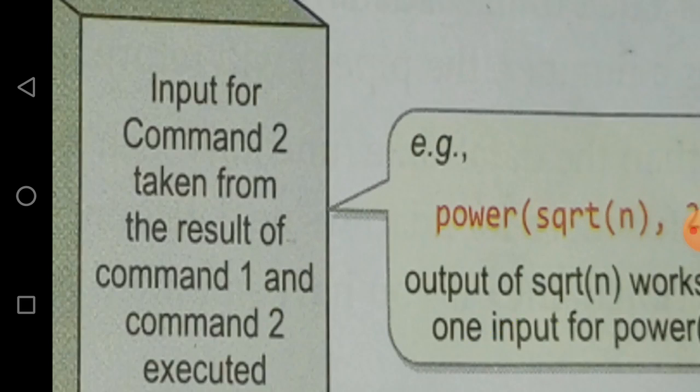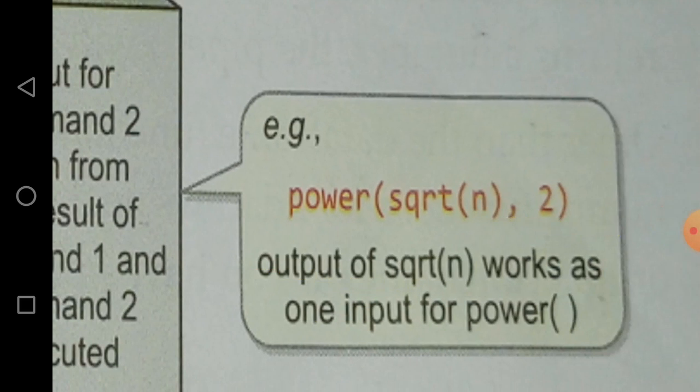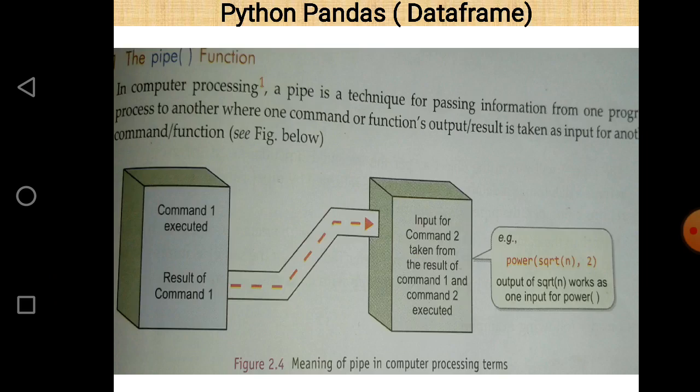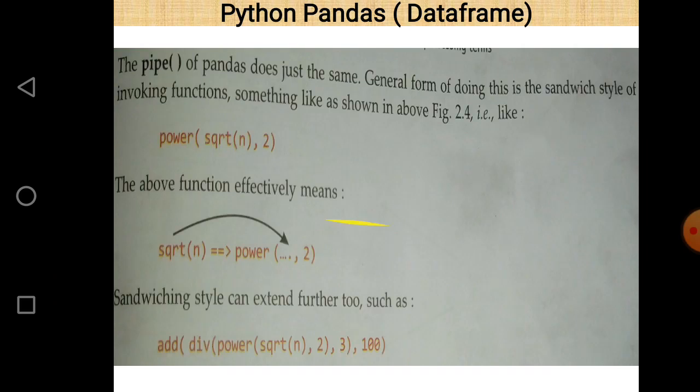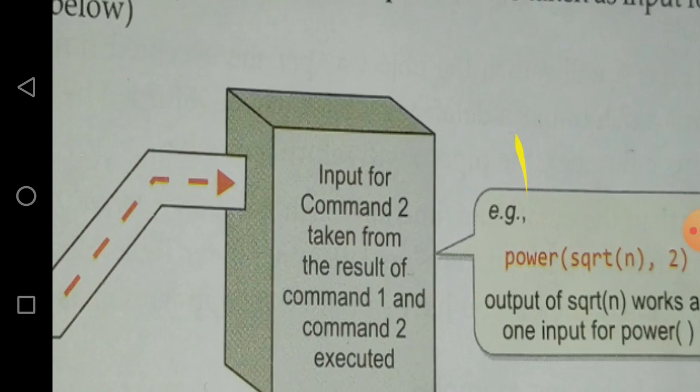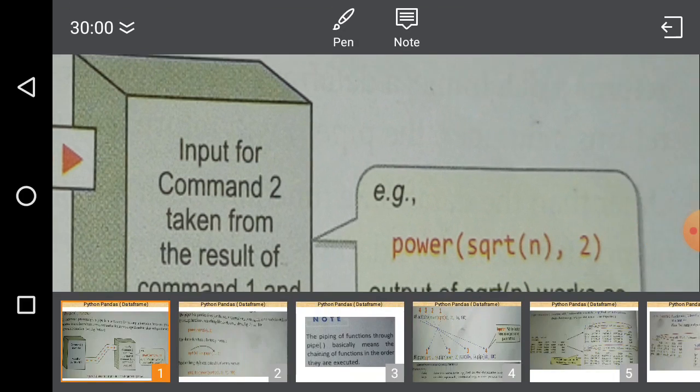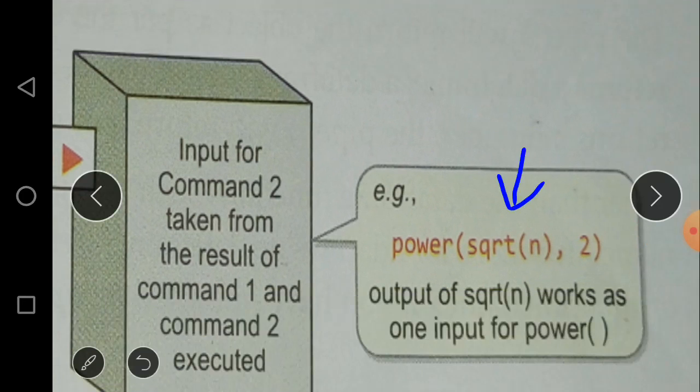We can see power(sqrt(n), 2). Here n is any natural number, and sqrt is a function, the square root of a given number n. After that we get a number, suppose m.